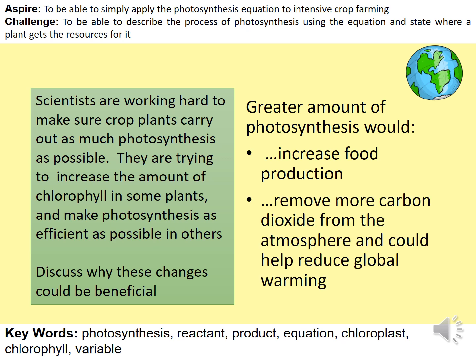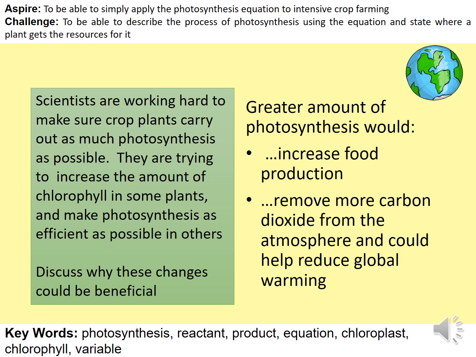Here's a critical one, and we're beginning to really get worried about this particular aspect of our world and what we've done to it. We need the process of photosynthesis to help us to remove carbon dioxide from the atmosphere, because photosynthesis allows us to trap that carbon dioxide in sugars, as we have seen.